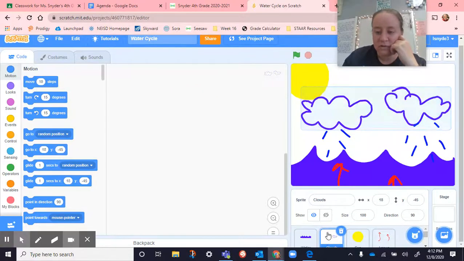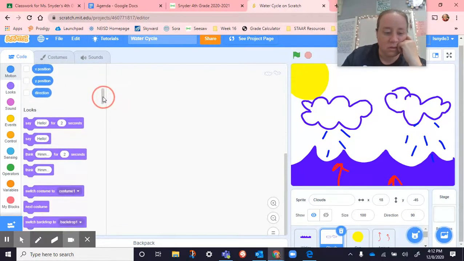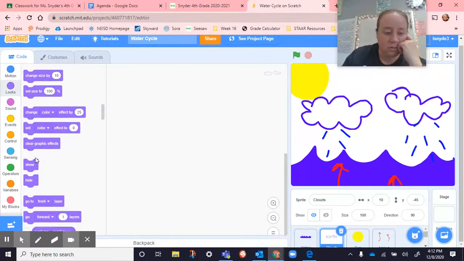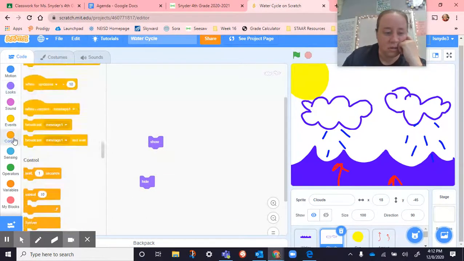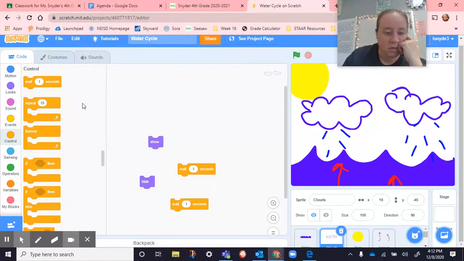Now for my clouds, I'm going to show my clouds, and then I'm going to hide my clouds, and I'm going to need the wait. Let me see how this one works.